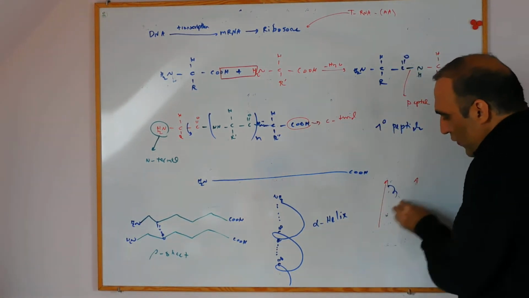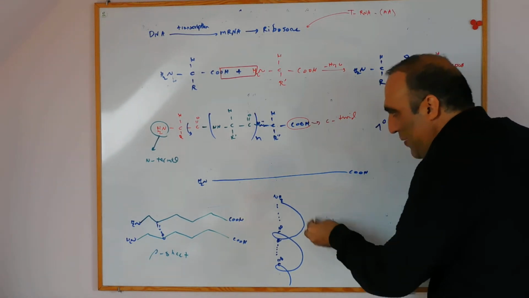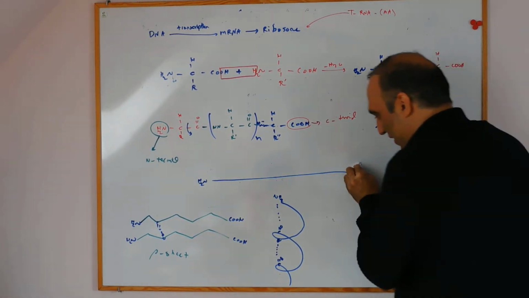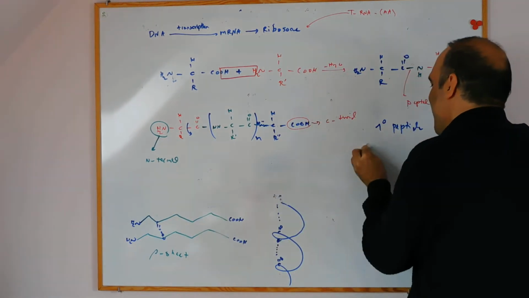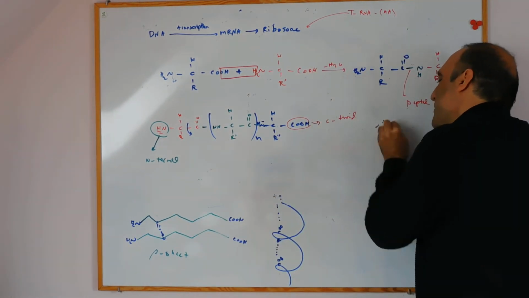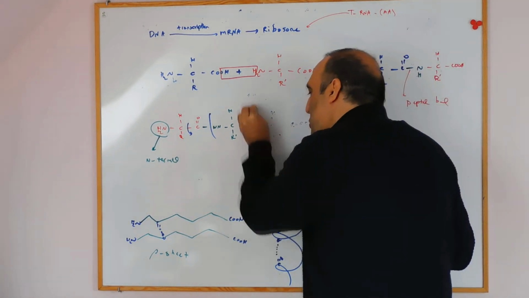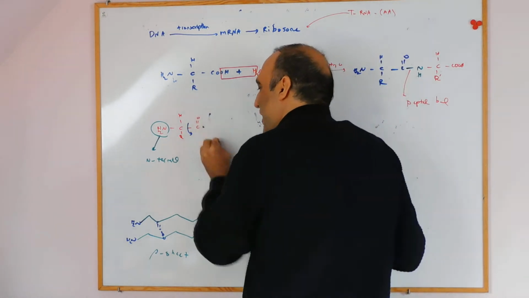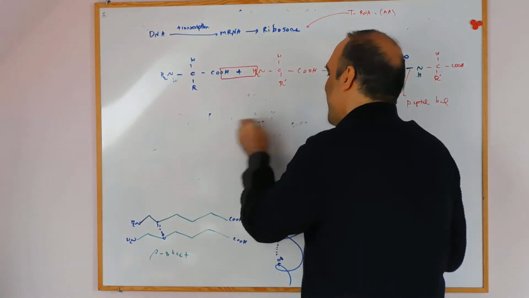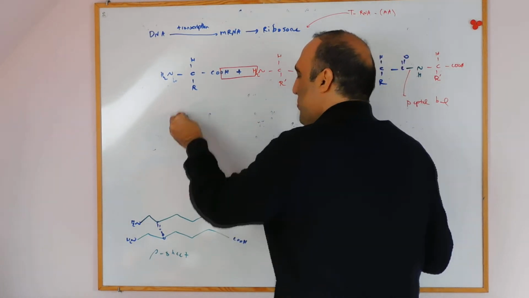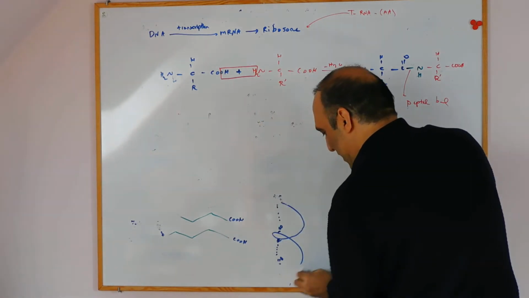Now, if we have a very big primary peptide, and this peptide has alpha helix, beta sheet, and loop, they have just hydrogen bonds. I will draw very fast and show how it is possible, and it will be a very nice structure. I will explain it.